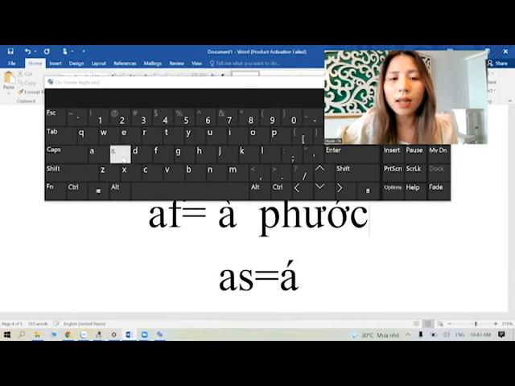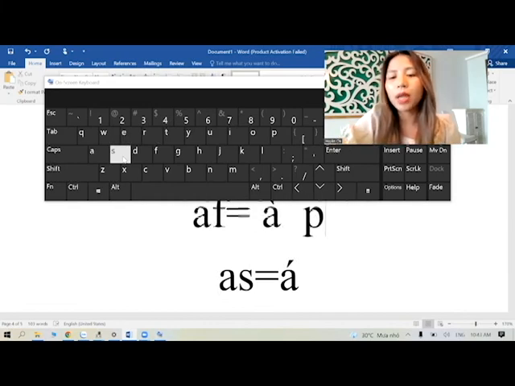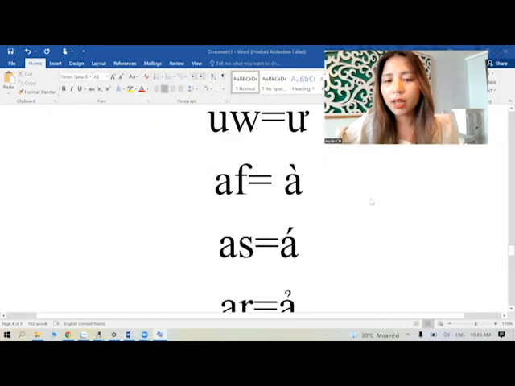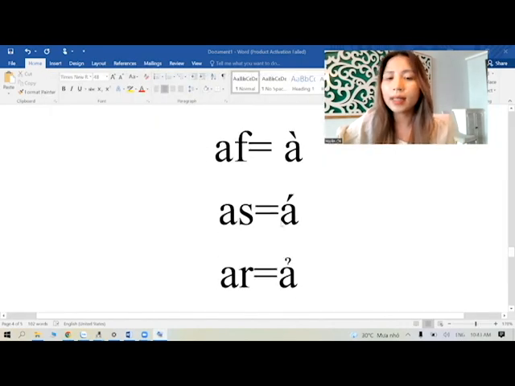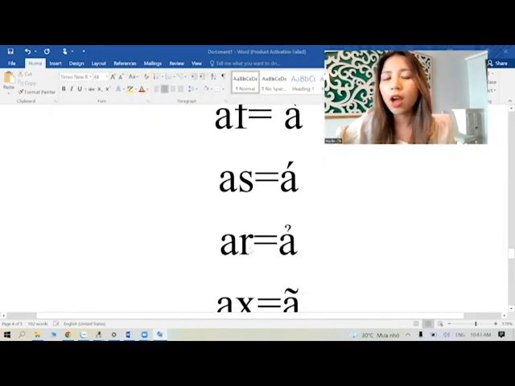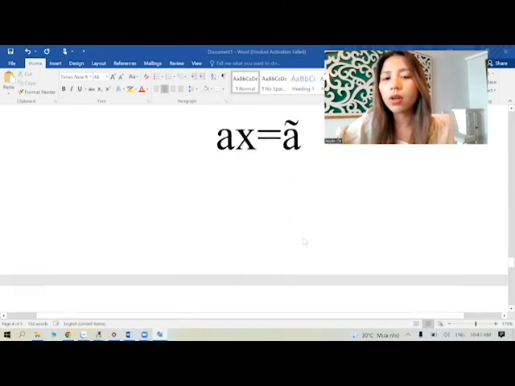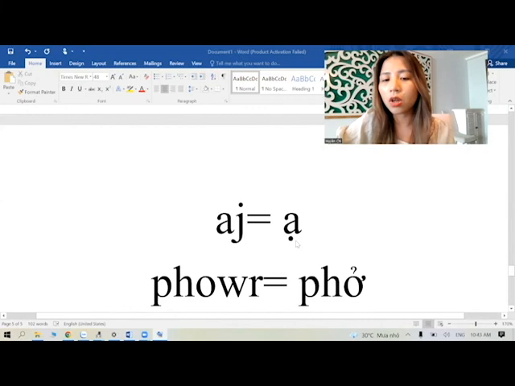So what I mean is that you can write the vowel and then the head, the hook, and the tone right away, or you can type until the end and then put the tone. The system is going to recognize: A and S, up tone; A and R, question tone; A and X, wave tone; and A and J, dot tone.